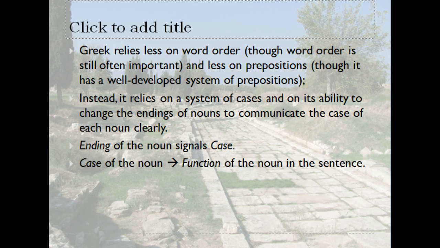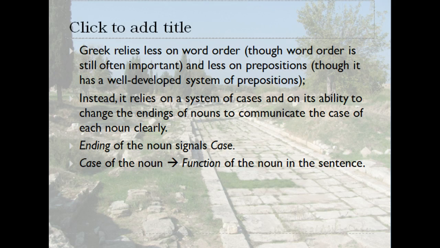Thus, for almost all of the kinds of roles or functions we've been exploring so far in this presentation, the ending of the Greek noun will be the signal for what role that noun has. It will not be word order, and it will not be some preposition ahead of that noun giving us that signal.